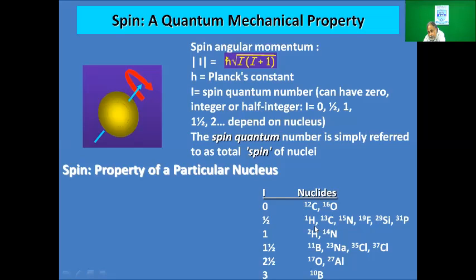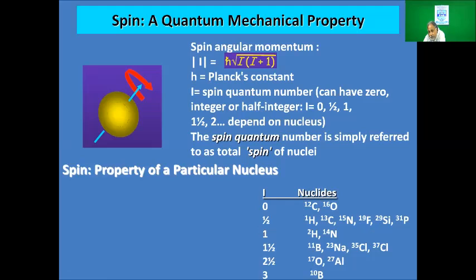In 1H1, there is 1 proton and no neutron. But in 13C6, there are 6 protons, that means an even number of protons, and 7 neutrons, that is an odd number of neutrons. But if we have both odd, like the isotope of hydrogen called deuterium, that is 2H1, here 1 proton and 1 neutron are there, both contribute half and half, and overall we get spin 1.